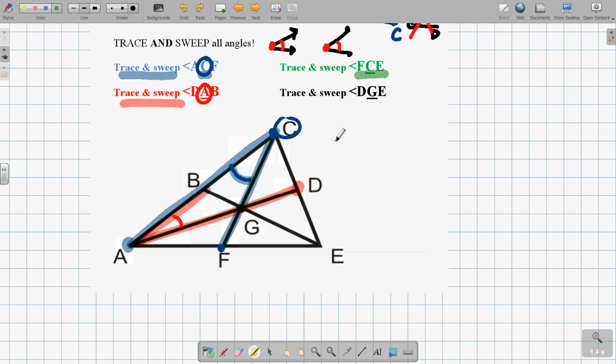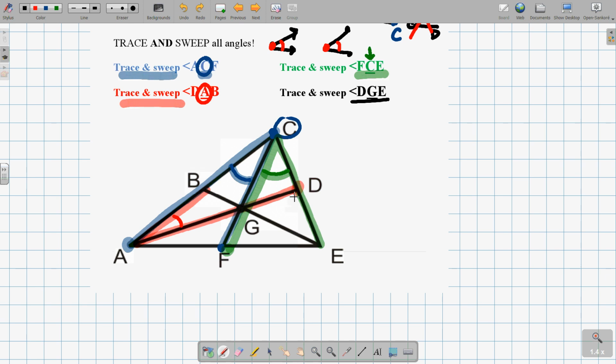F, D, E. F, D, E. Trace and sweep. Central letter. Ready? Let's trace and sweep this last angle here. D, G, E. Ready?